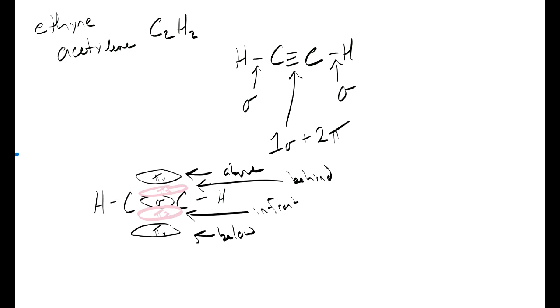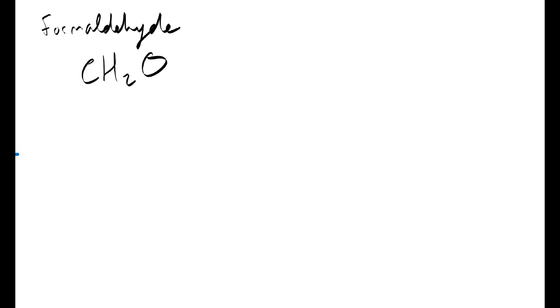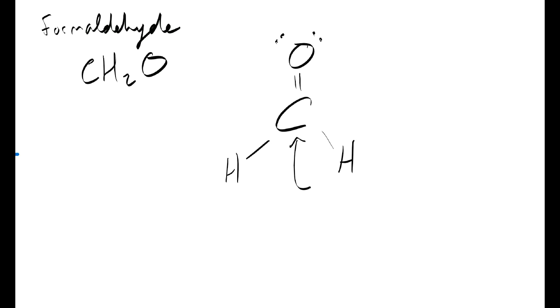And finally, one last molecule. Let's go ahead and look at formaldehyde, CH2O. So that is a carbon singly bound to hydrogens, bound to an oxygen with 2 non-bonding pairs. So this carbon looks around itself, sees 3 electron domains.